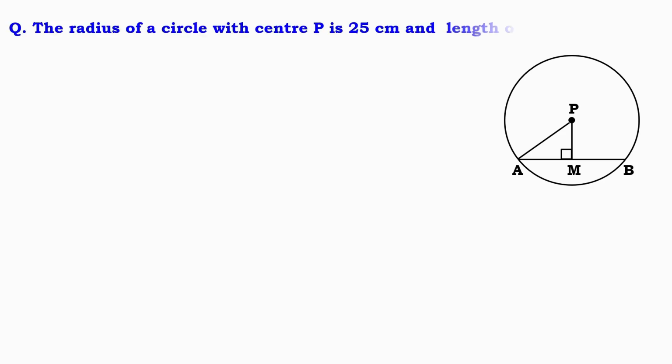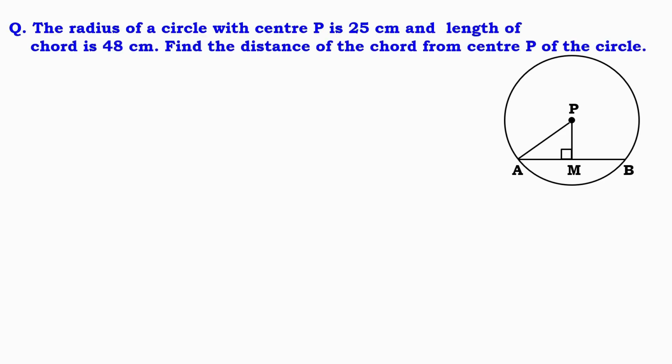Now we are going to solve some problems based on the theorems. Let us take a look at the question. We will use the theorem and solve this problem. The first question: the radius of a circle with center P is 25 centimeters and the length of a chord is 48 centimeters.